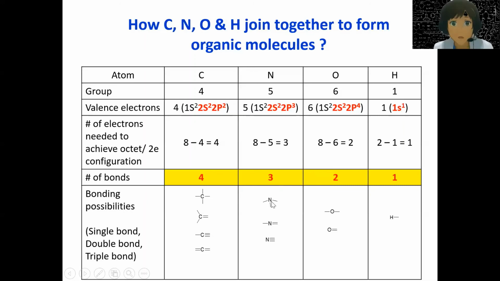Then next you have nitrogen. Nitrogen can form 3 single bonds, or 1 double and 1 single bond, or 1 triple bond. Oxygen is able to form 2 bonds, so it can form 2 single bonds or 1 double bond. And hydrogen can only form single bonds.